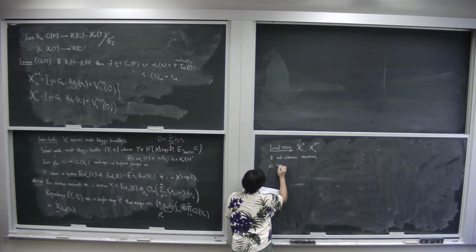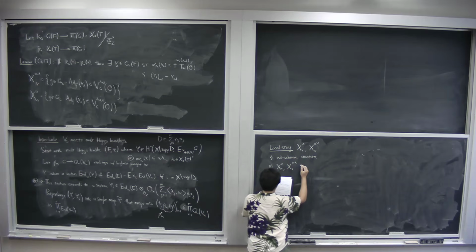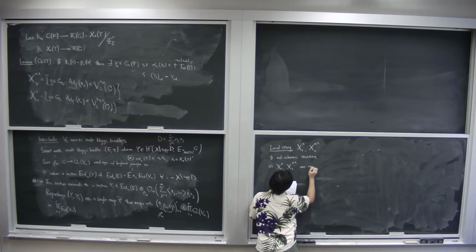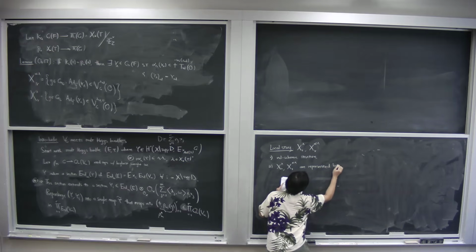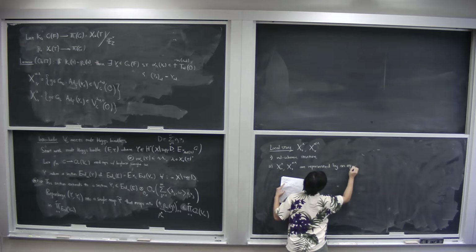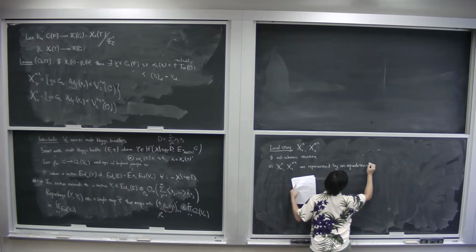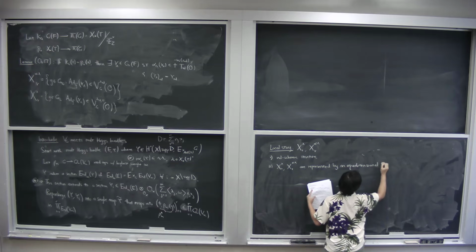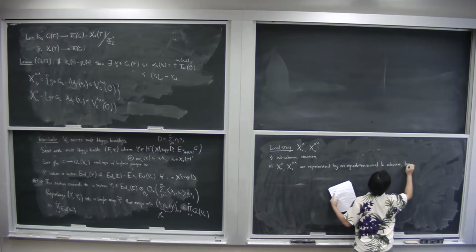these guys, X_lambda(gamma) and X_{less than lambda}(gamma), are represented by an equidimensional k-scheme, locally of finite type.